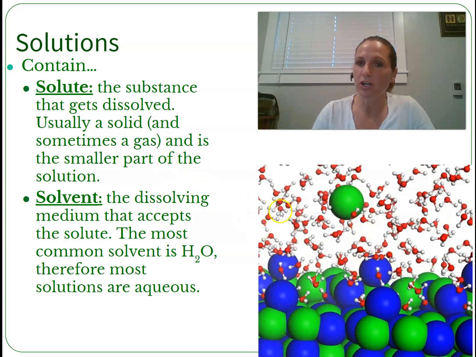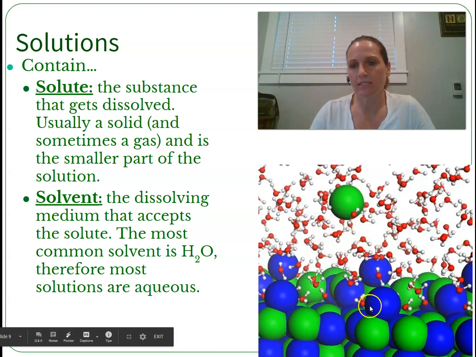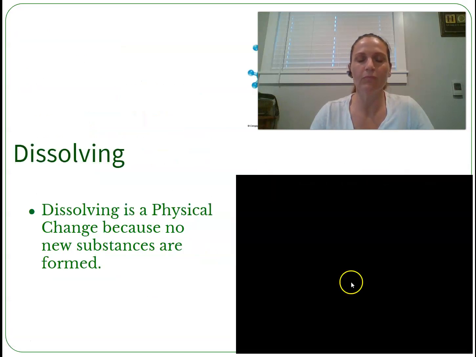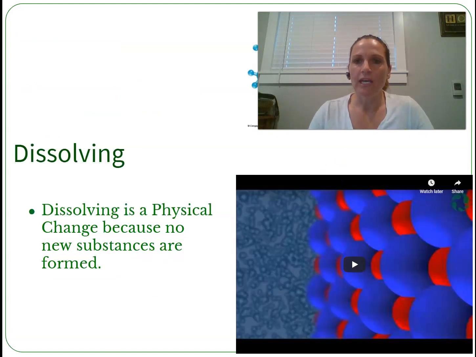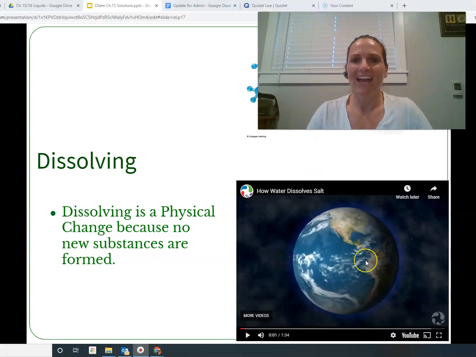So in this picture, the red and white water, that's the solvent, and it is picking up and distributing the solute, which in this case is some sort of ionic compound, maybe sodium chloride or something like that. So dissolving is a physical process where the solute becomes distributed among the solvent.